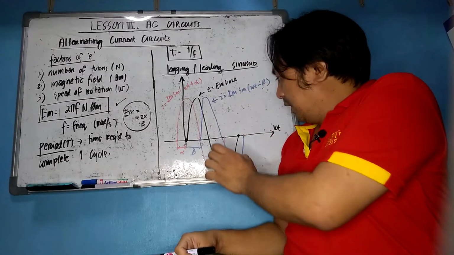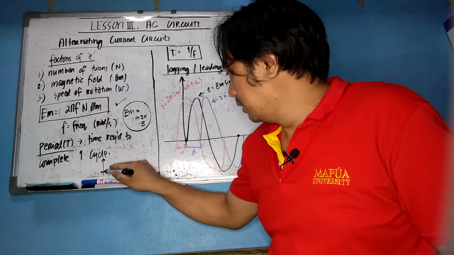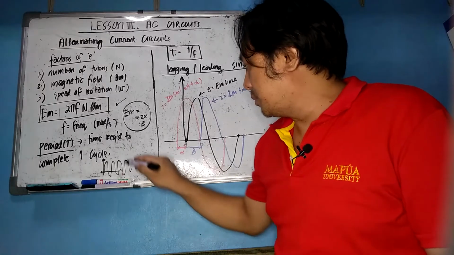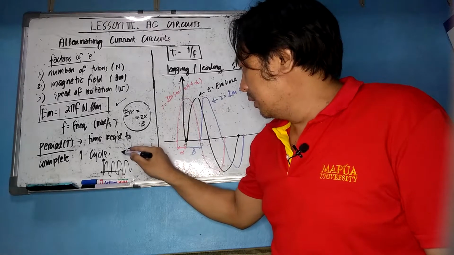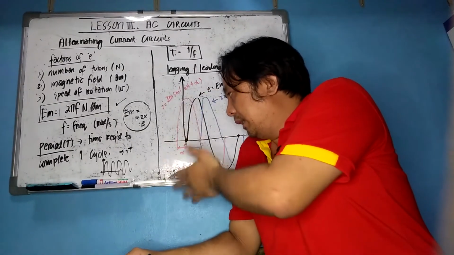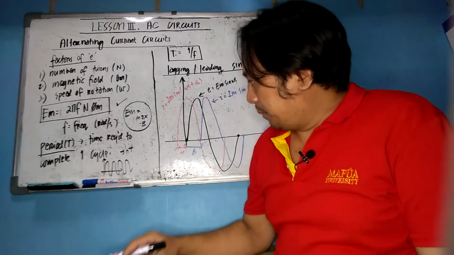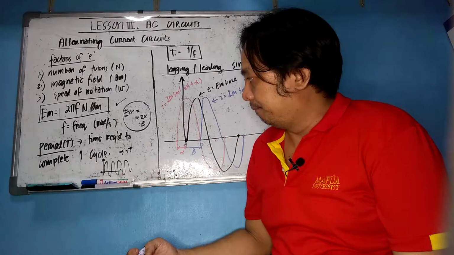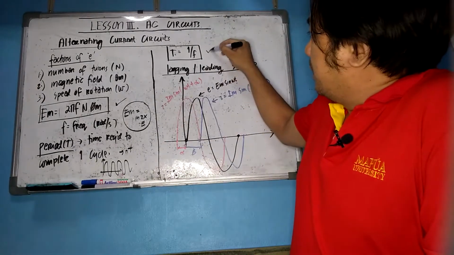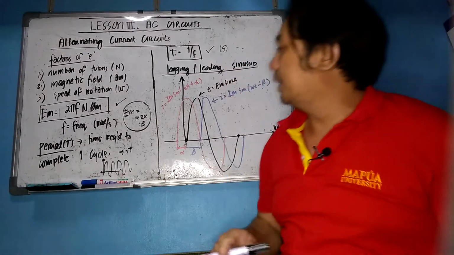So this is one period, and then if you repeat it many times, you have N times T. So with the number of sinusoids in terms of one period, you can get the whole signal. Anyway, you can compute for the period T by having the reciprocal of the frequency, and this will be in terms of seconds.